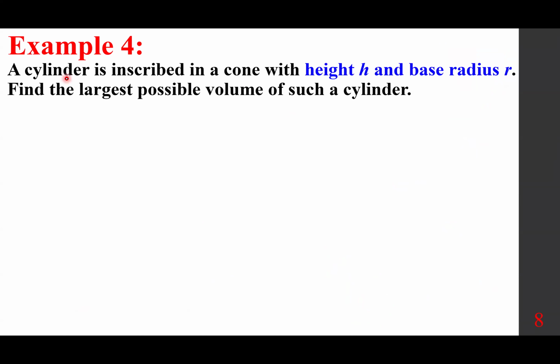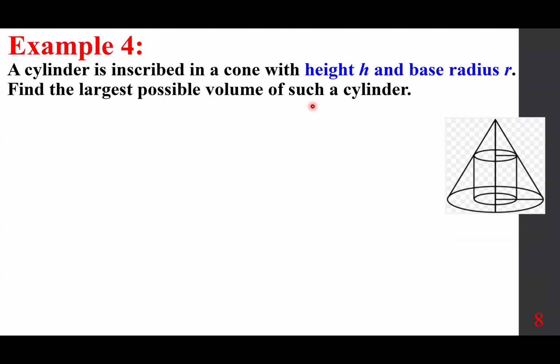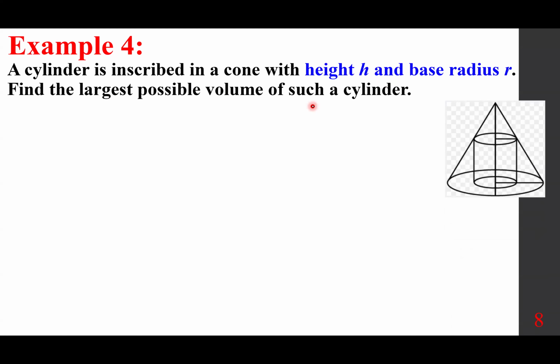A cylinder is inscribed in a cone with height h and base radius r. Find the largest possible volume of such a cylinder. Definitely, we need a drawing, the setting, variables, all of the above. So you have a cylindrical shape inside a cone.